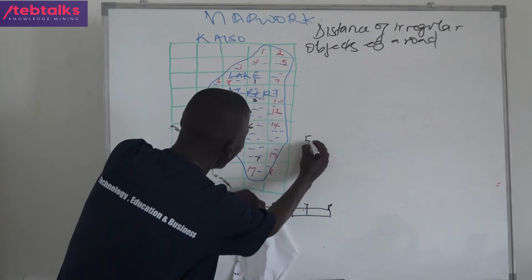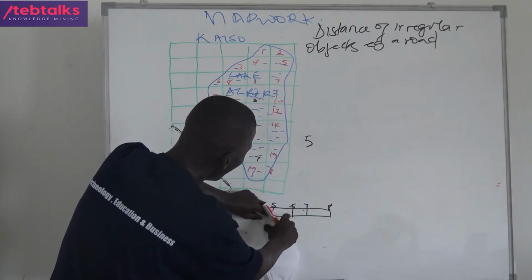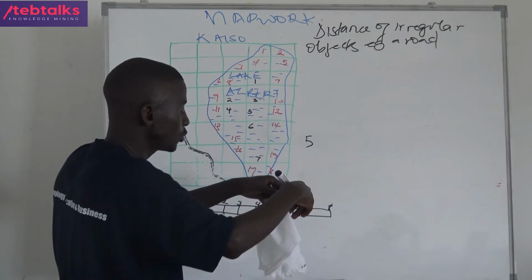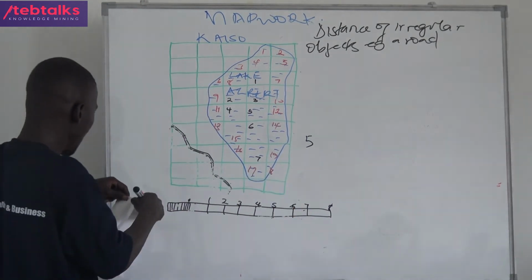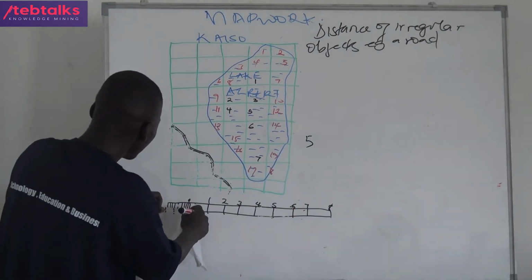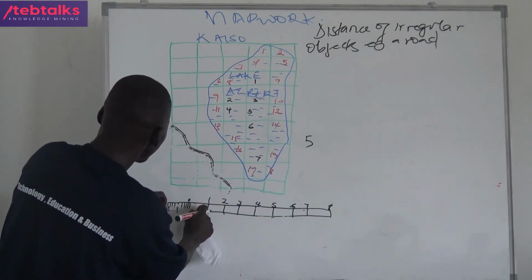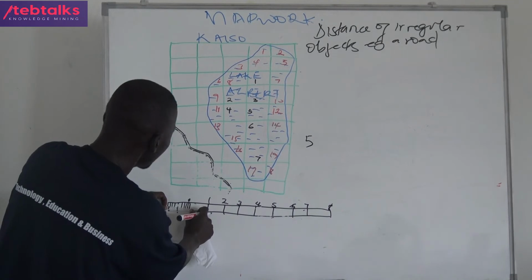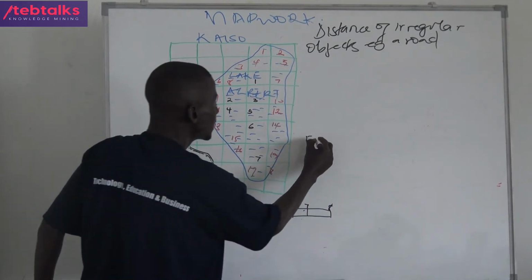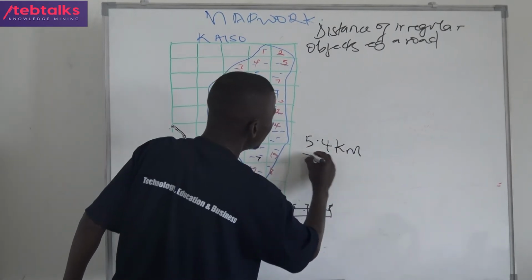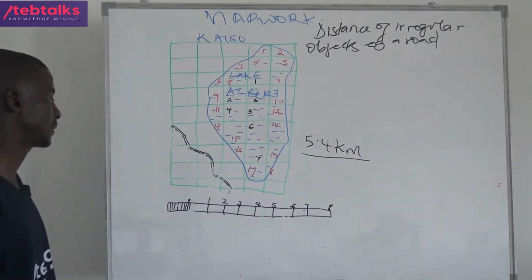You write 5, but there is a balance which we don't know because you cannot make it up to 6. So this balance which I don't know that cannot make it up to 6, I bring it down here using that small square. So I count the number of small squares, maybe they are 4. I say 5.4. I state my answer in kilometers.